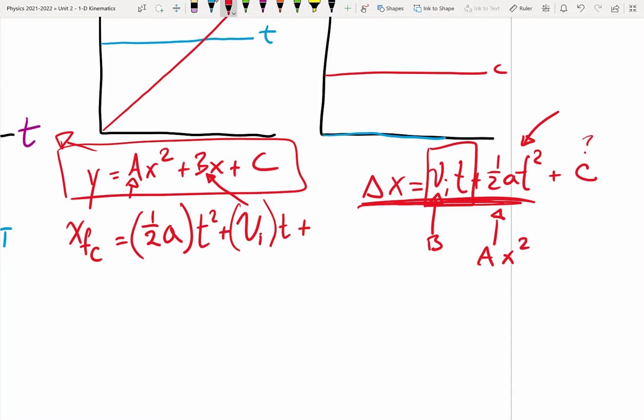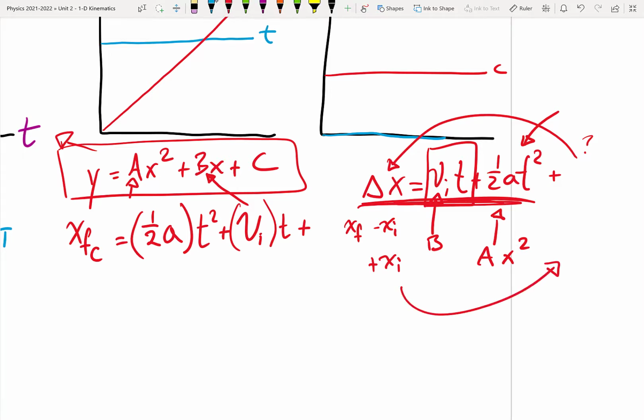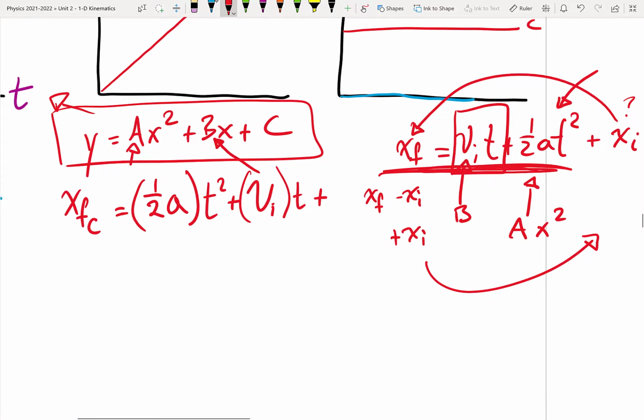It's inside the delta x, because delta x is actually final minus initial. So if you add the initial position over here, then that's what the c is. It is the initial position. That delta x can be written like that, because delta x means change in position, x final minus x initial.